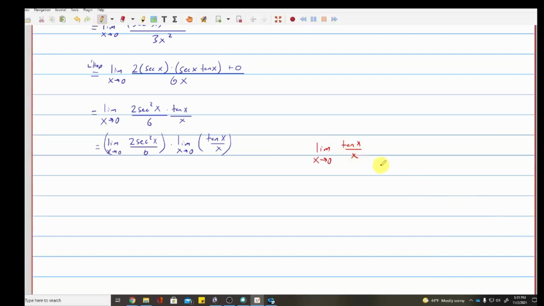Let's just assume we forget that and say if I try direct substitution, I get tangent of 0 over 0, which is 0 over 0. So we use L'Hopital's rule. The derivative of tangent x is secant squared x, and the derivative of x is 1. So I get secant squared of 0 over 1, and secant of 0 is 1. So this is just 1.